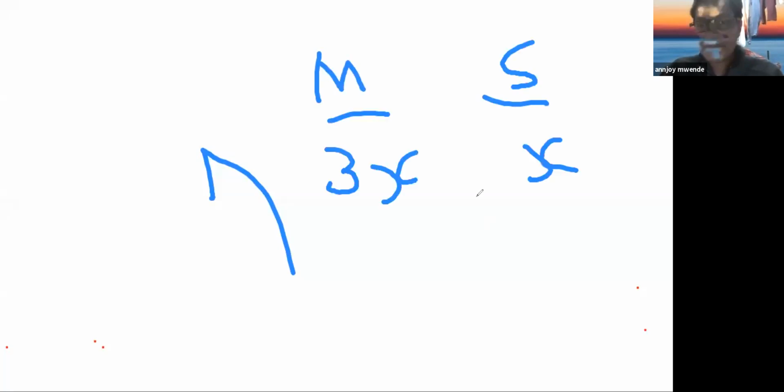Then the sum will be 3X plus X, which is 4X. That is part A. Then the difference between their ages will be 3X minus X, which will be 2X.